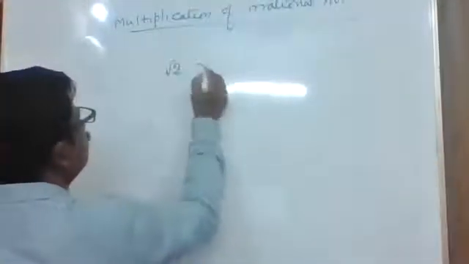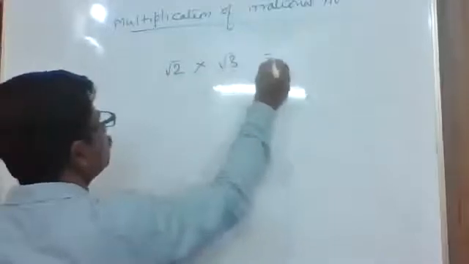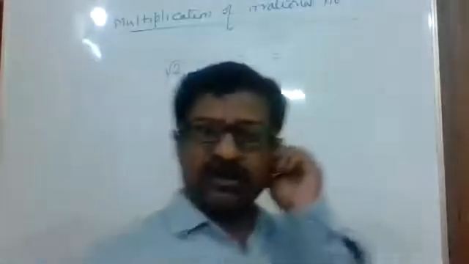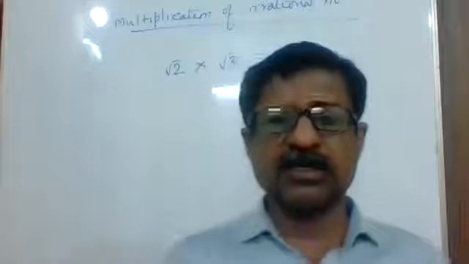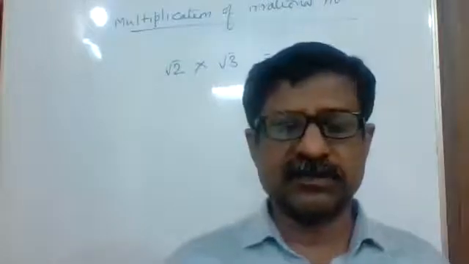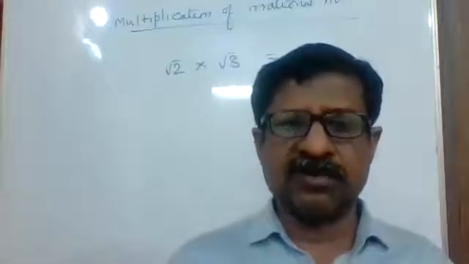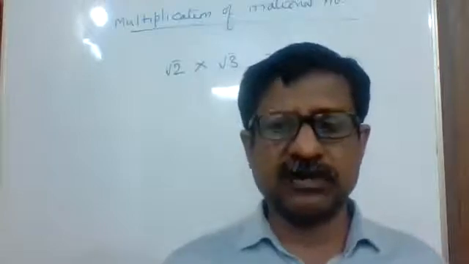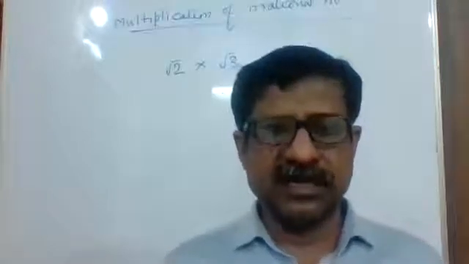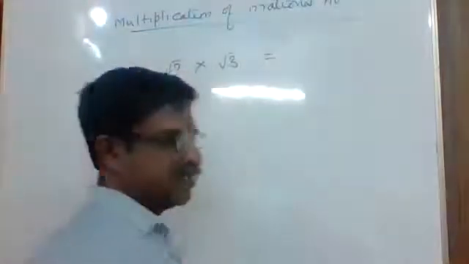Suppose you got an irrational number root 2 and you are multiplying this with root 3. I'm taking smaller examples, smaller numbers, and after that we'll discuss numbers which are slightly bigger. Root 2 into root 3. Both are irrational.